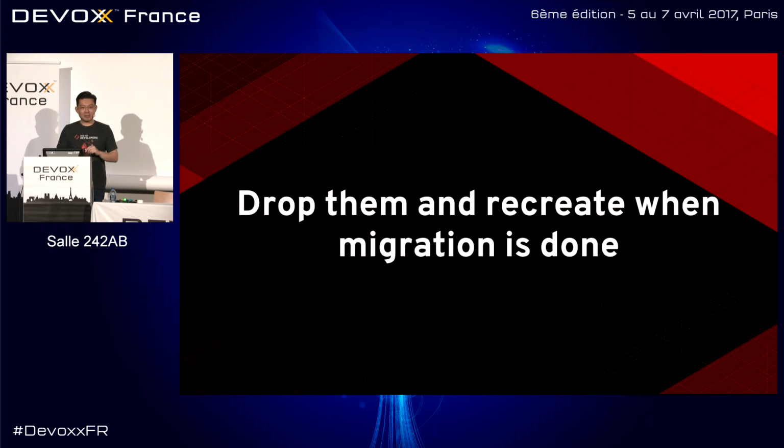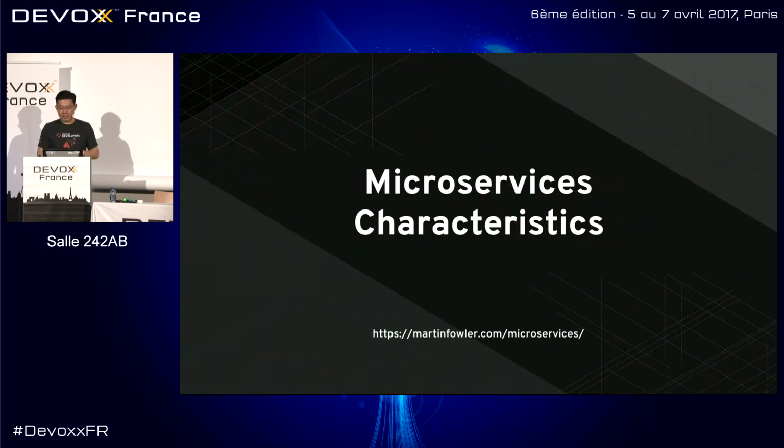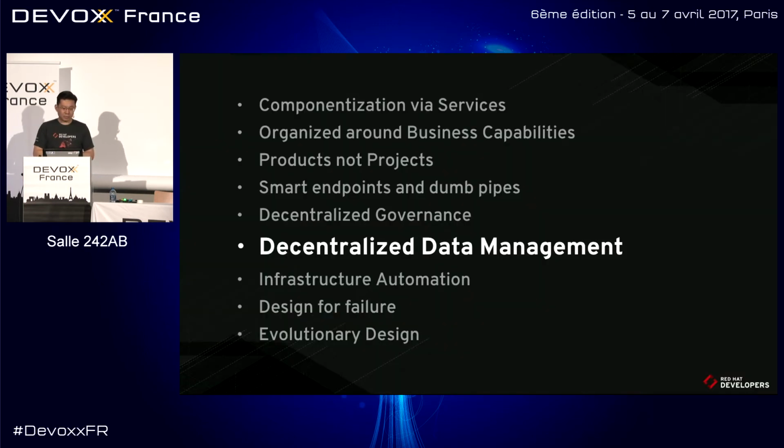So that was the part about zero downtime migrations. Now we have to talk about splitting and integrating our microservices database, particularly using relational databases. When we're talking about microservices, Martin Fowler collected a bit of microservice characteristics. These are the 9 most important ones.